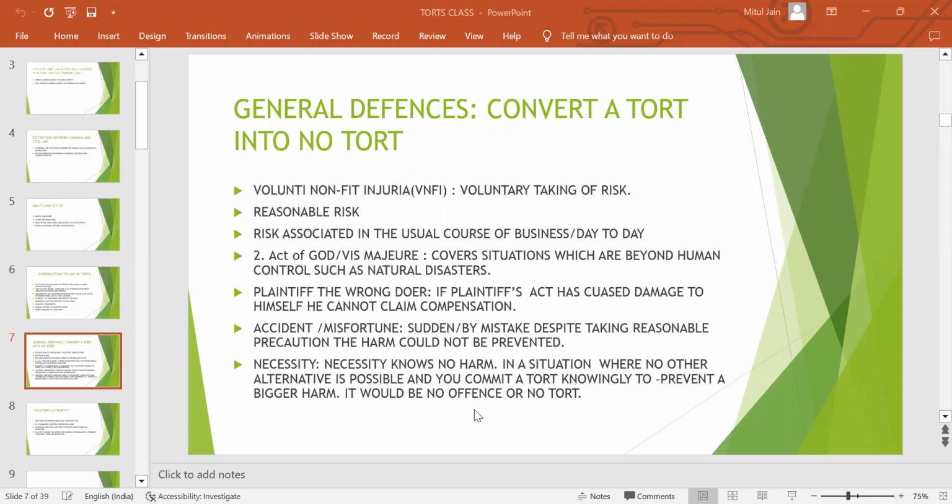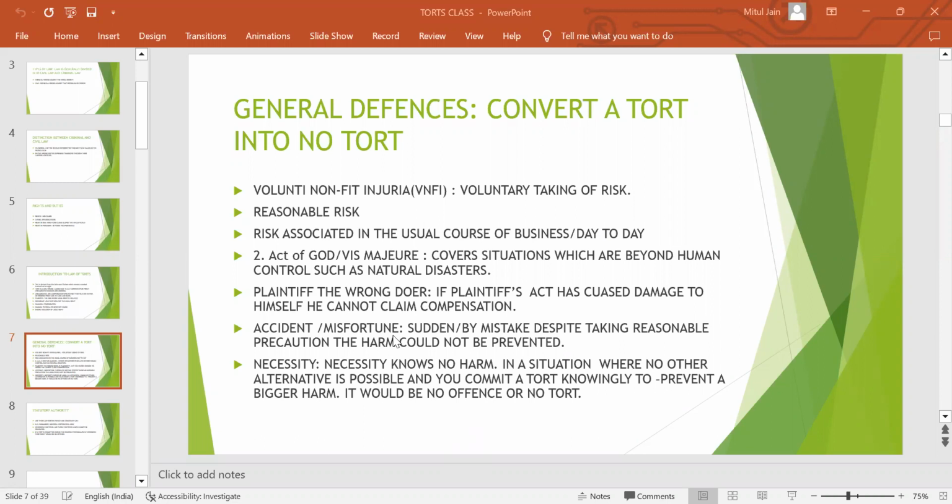Right. Now, suppose, can a forest fire be considered as an act of God? Okay. Now, here is a caution to all of you.